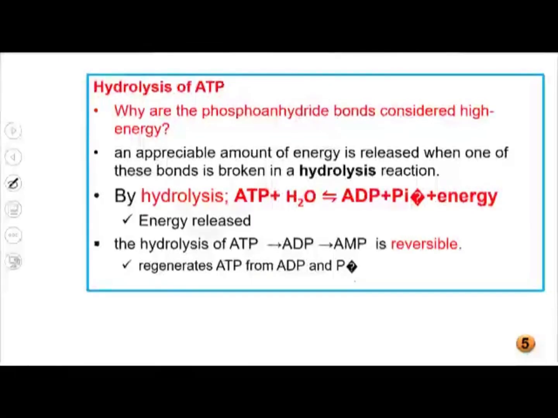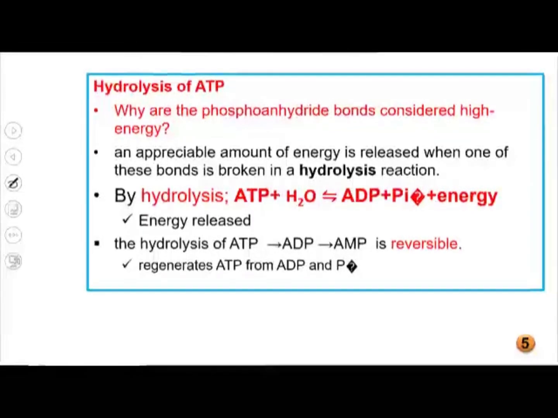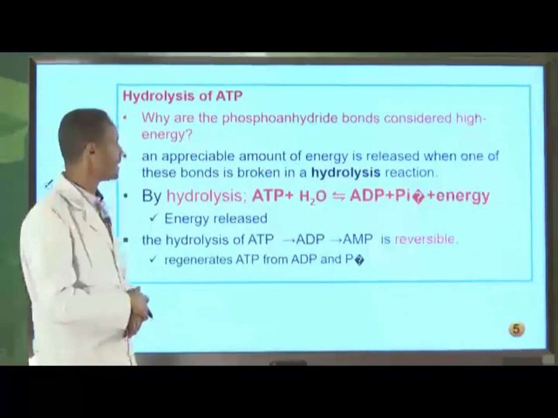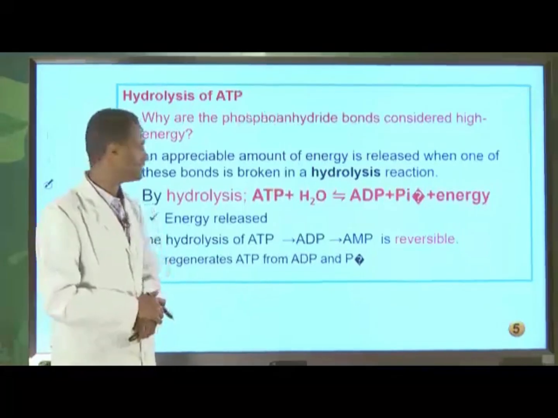Here, hydrolysis of ATP. Why are the phosphoanhydride bonds considered high energy? This is because an appreciable amount of energy is released when one of these bonds is broken in a hydrolysis reaction.